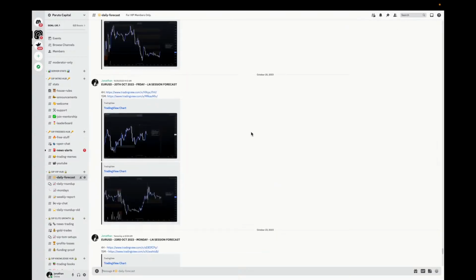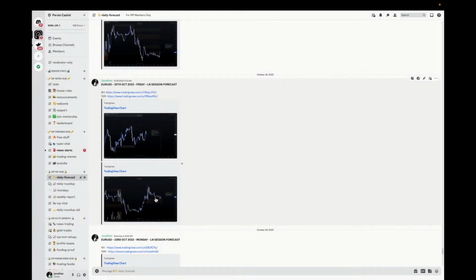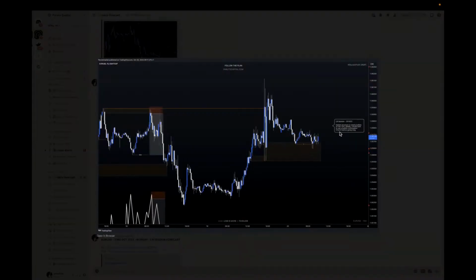I think Friday was the 20th. So you can see this was the structure on Friday. I shared this on the 15 minutes: the market structure is clearly bullish on the 15 minutes. Ideally I would want to see a bullish continuation chalk before going long. Okay, so this was the commentary from Friday.